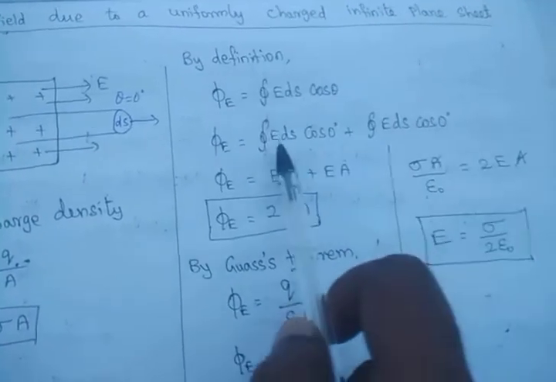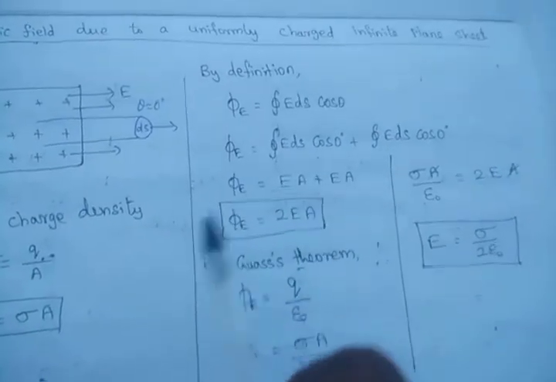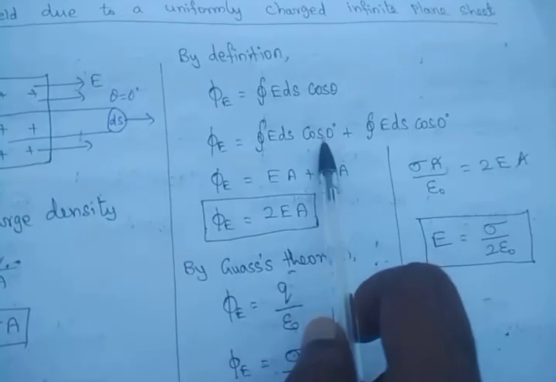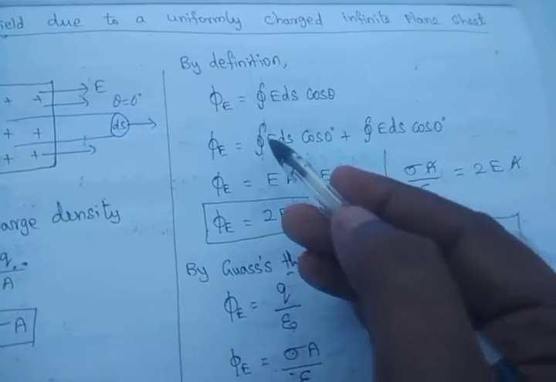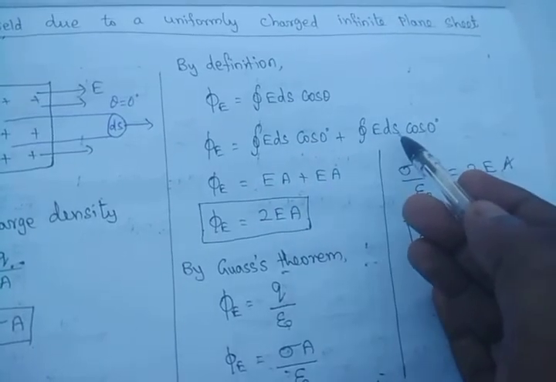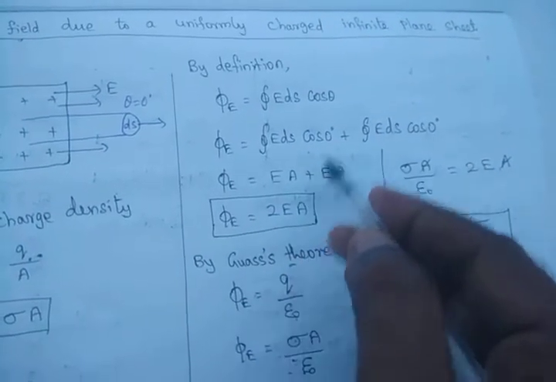That is why the Gauss law is stated to be applicable only for a closed surface. Since cos 0 is 1 in both terms, we get integral E dS plus integral E dS. Integral dS is the area, so we get EA plus EA.